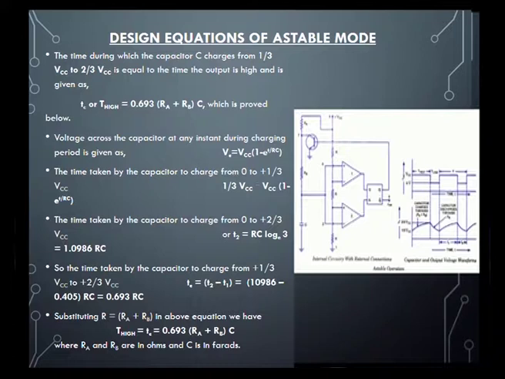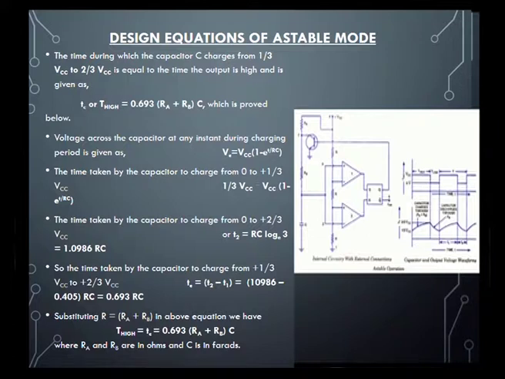Now the time taken by the capacitor to charge from 0 to 2/3 Vcc is also calculated with this: T2 is equal to Rc into log to the base e of 3, that is equal to 1.0986 Rc.